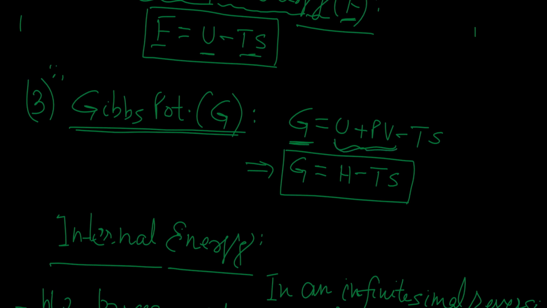As you have seen above, U plus PV is simply enthalpy H. So we may write it as G equal to H minus TS. You may define G in this manner.